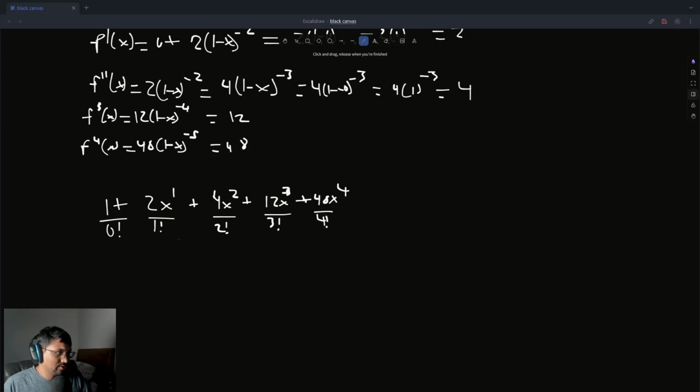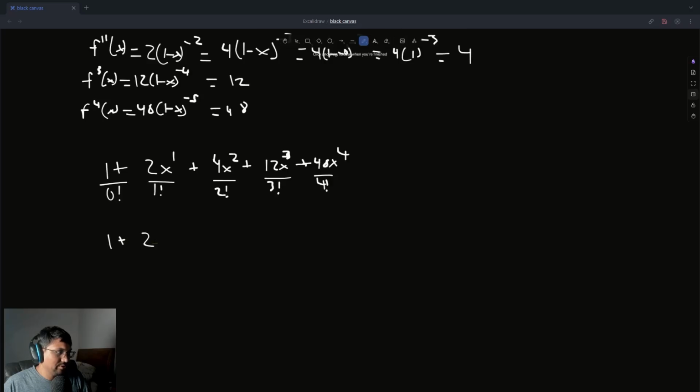So this one is just going to be 1 plus 2x, then 1 plus 4 divided by 2 should just be a 2, x squared, plus 3 factorial is going to be 6, so 12 divided by 6 should be 2x to the third, and you should see the pattern here. 4 factorial is going to be 24, 48 divided by 24 is going to be 2. So we see that these coefficients are all just going to be 2, right? 2x to the 4, 1, 2, 3, 4, 5, right?